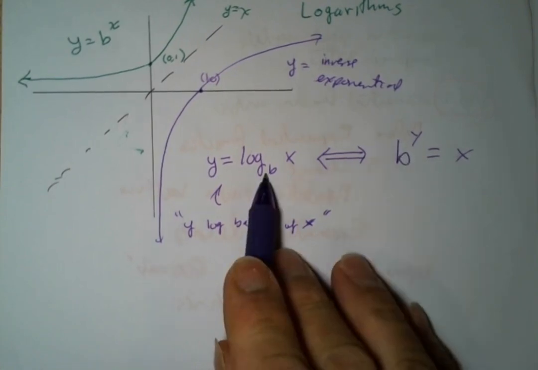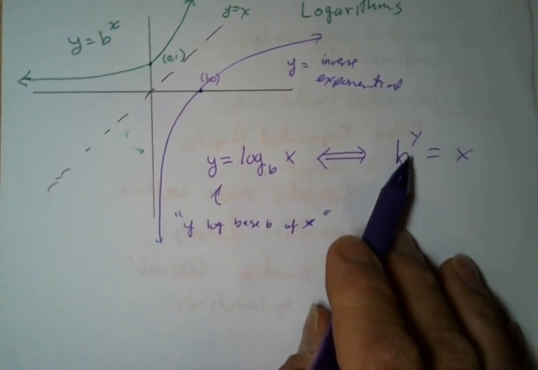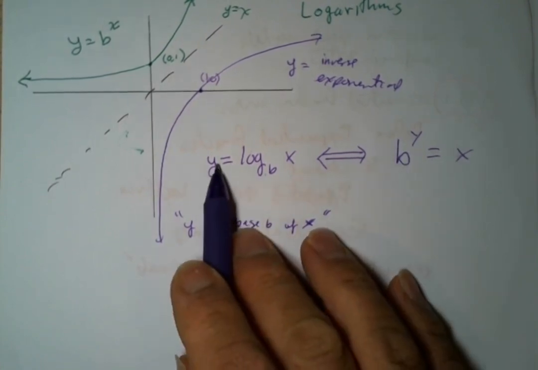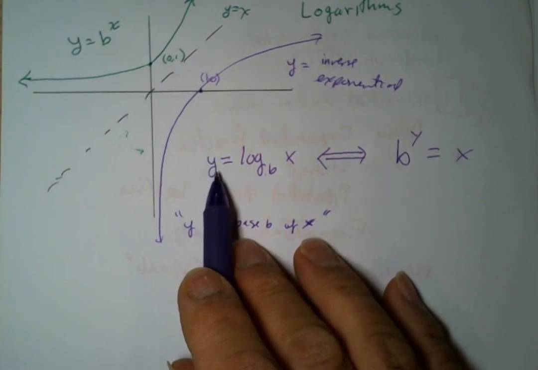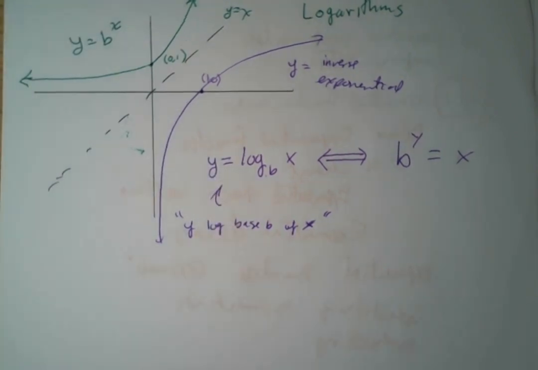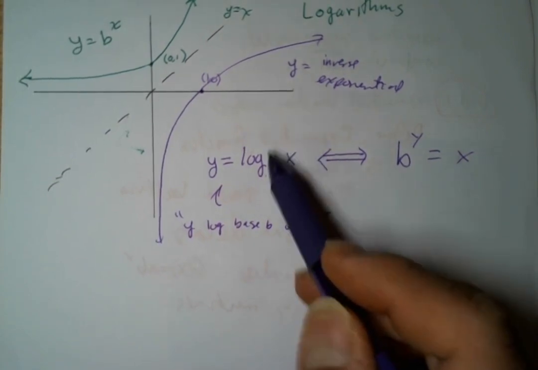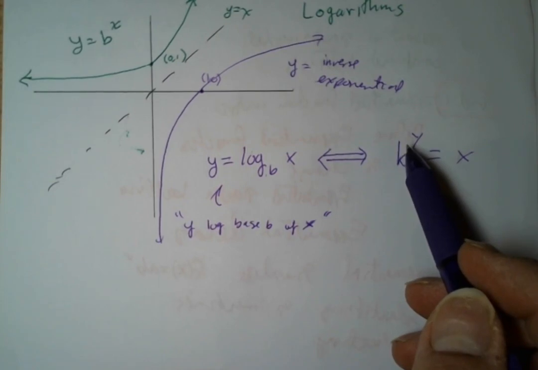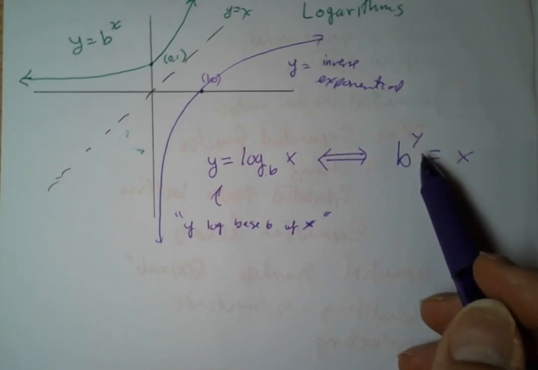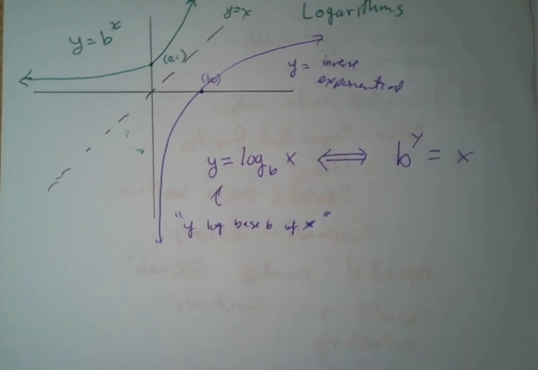The base of our logarithm is the base of the exponent, and the exponent is now the value of y, or the output of the logarithm. So really, the way we can think of a logarithm is as an exponent of some exponential. The input would be the result of this exponential, and the output would be the value of the exponent.